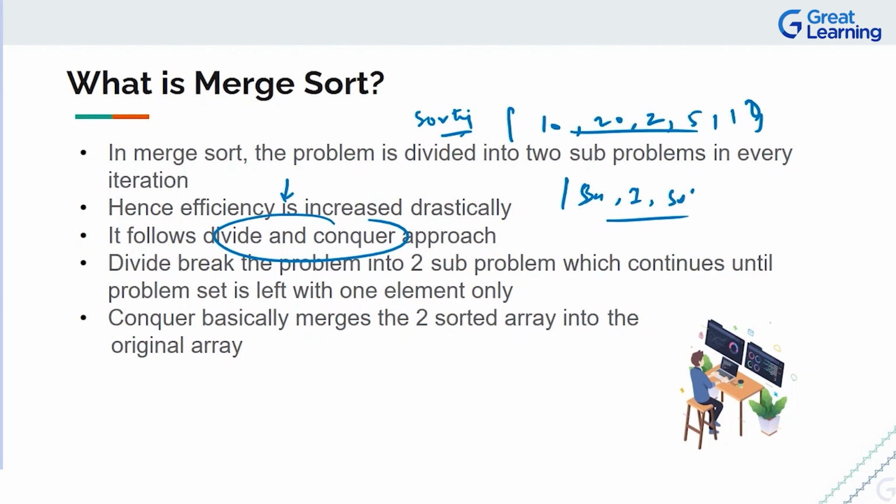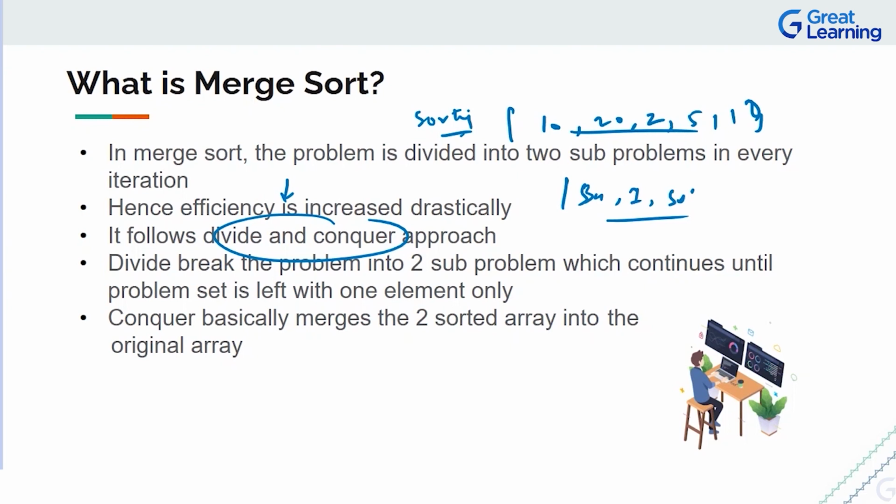That is your merge phase, wherein you combine your problems again, forming a single sub problem. So every time you divide a sub problem, you conquer it and combine it. This is how the divide and conquer paradigm works.